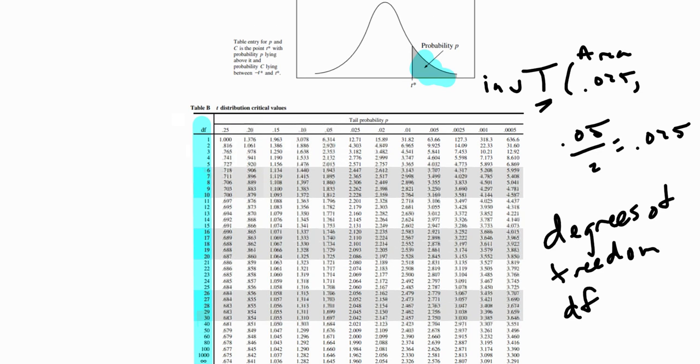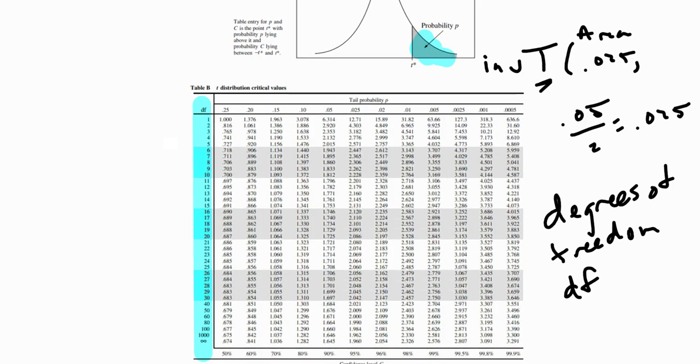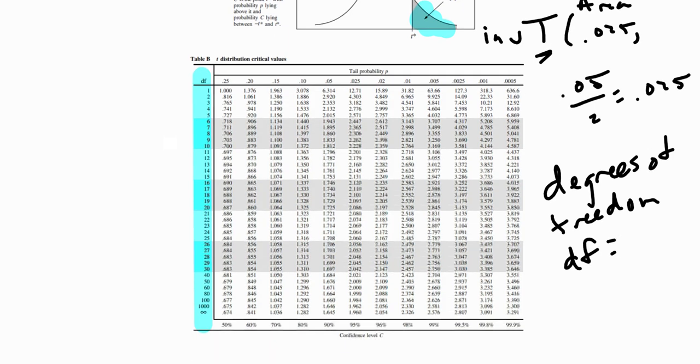We're setting the curve that we want. And in order to figure out degrees of freedom, it's always going to be n minus 1. Usually it's whatever the sample size is minus 1 because we're using a single variable. And so right here, our degrees of freedom, because we have 30 as our sample size, minus 1, would be 29.